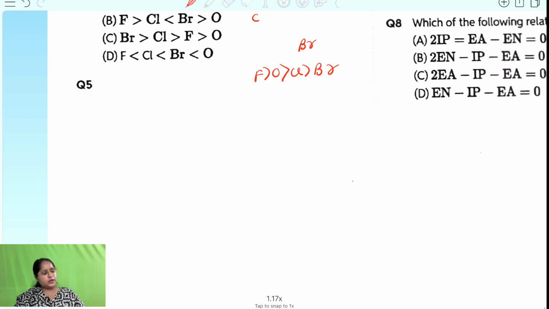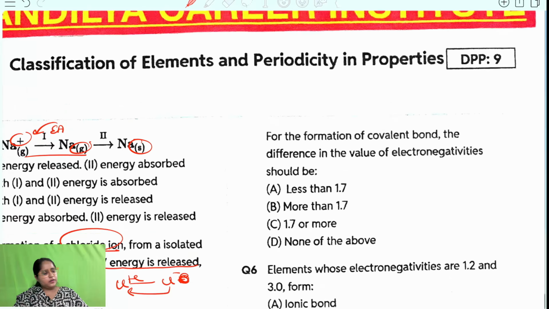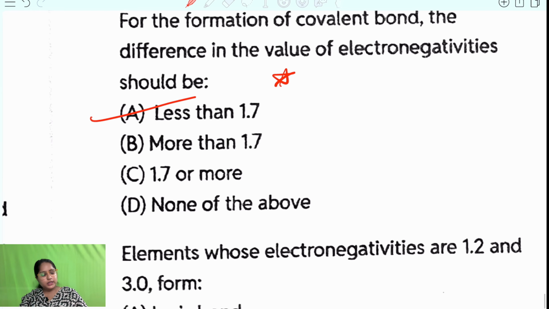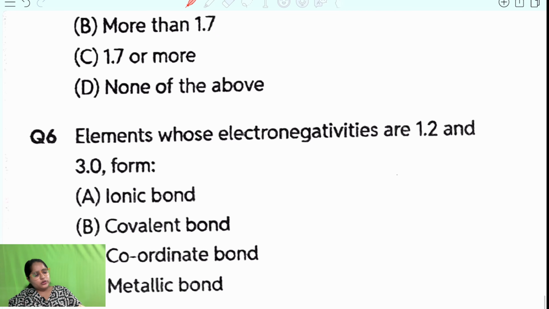Then we have question number 5. For the formation of a covalent bond, the difference in the value of electronegativity should be. Please remember this as a star point. For the formation of a covalent bond, the electronegativity difference should be less than 1.7. Elements whose electronegativity are 1.2 and 3 form.